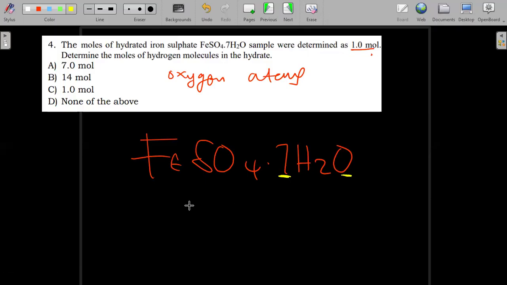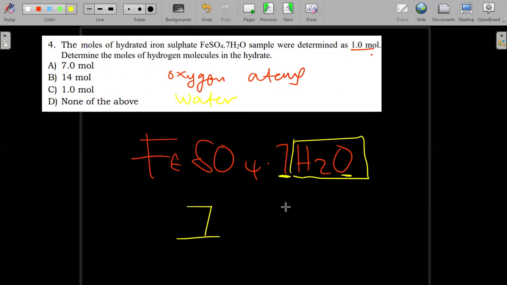So the moles of the oxygen atoms there will be 7. And then they can also ask you the moles of water. All this here is water. So we have 7 of the water. In 1 mole of this, we have 7 moles of water.